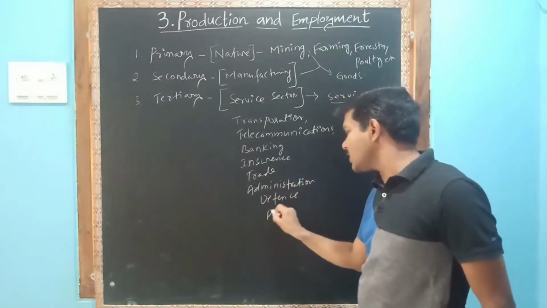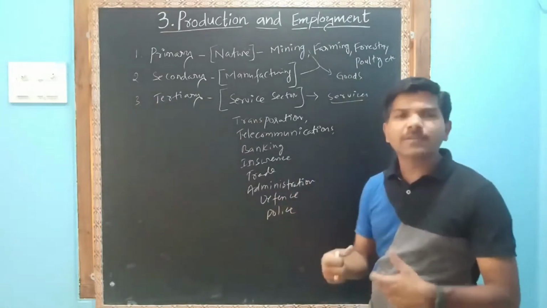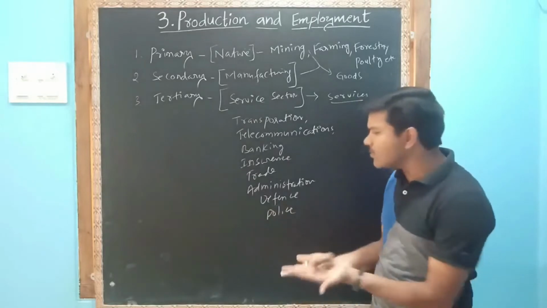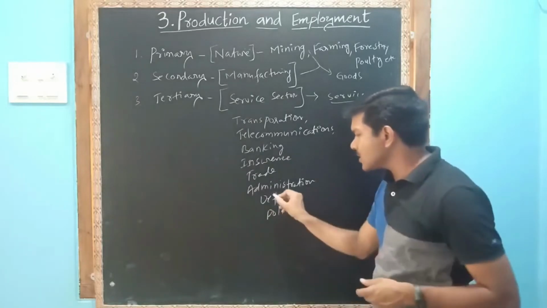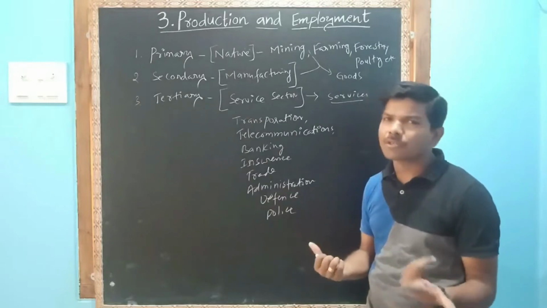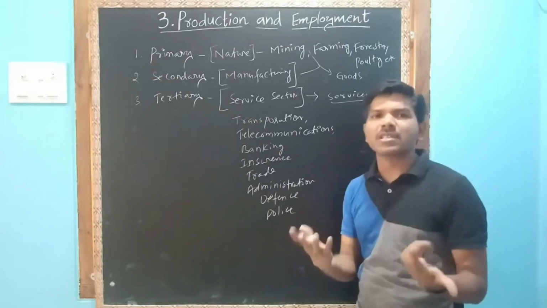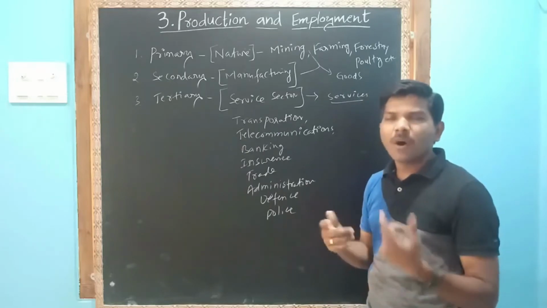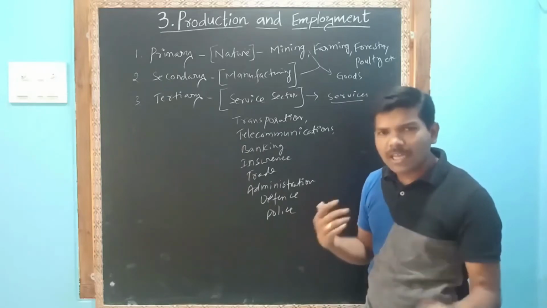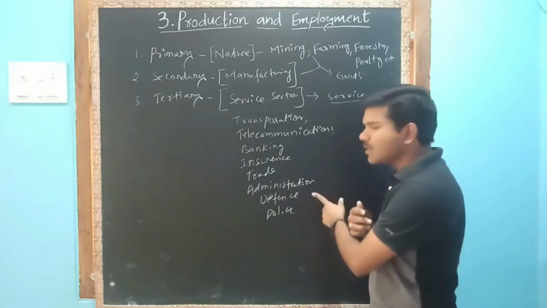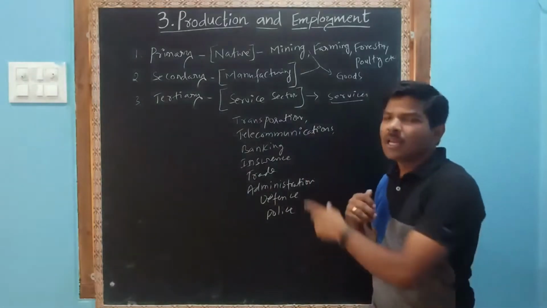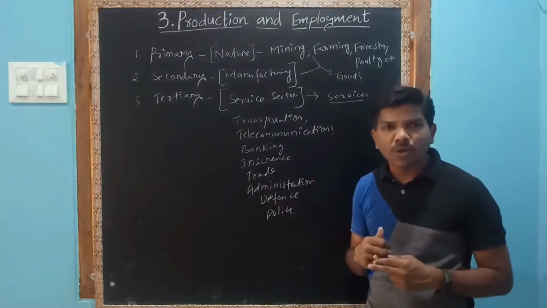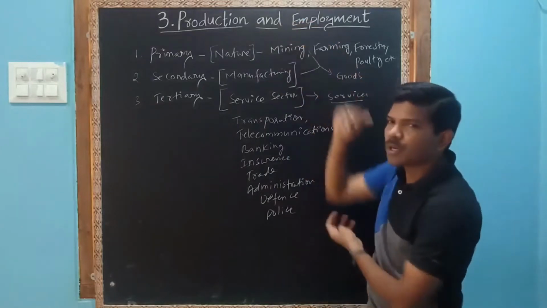Defense means police. Can police make any product? No, they give services. Defense, soldiers. Can soldiers make any product? No, impossible. They only protect us, that is service. Administrators, like school correspondents, hospital heads, IAS officers, department heads, also come under services because they are providing important services to us. So these are the three important sectors.